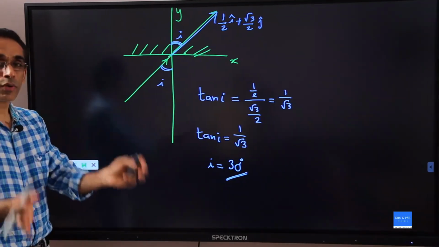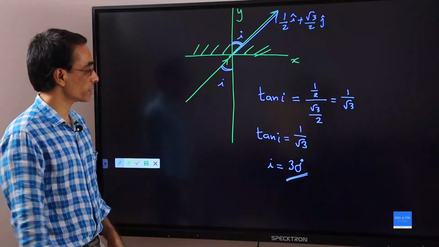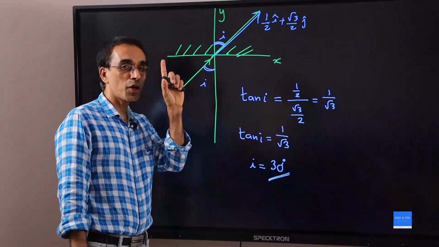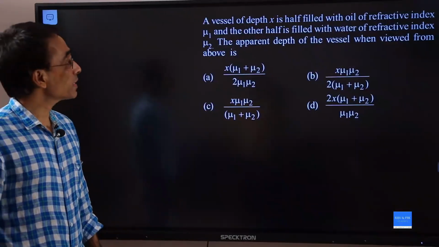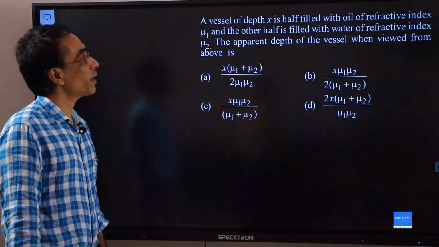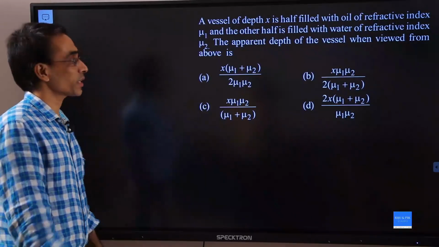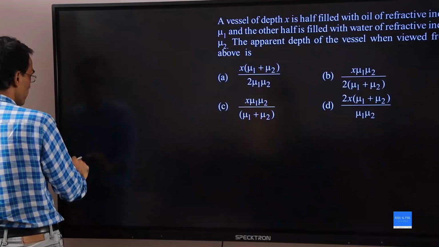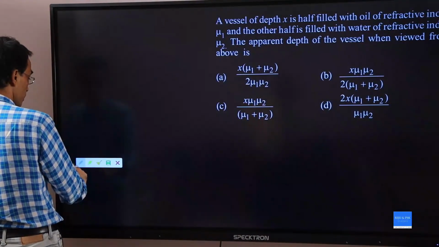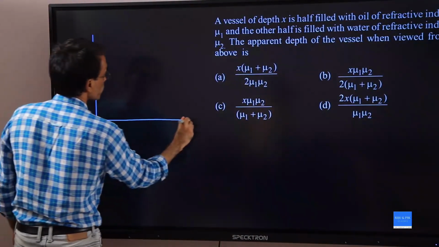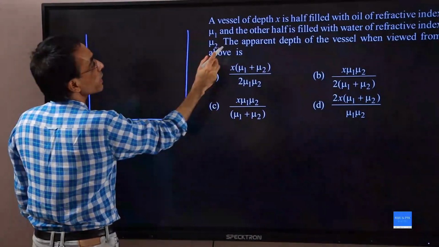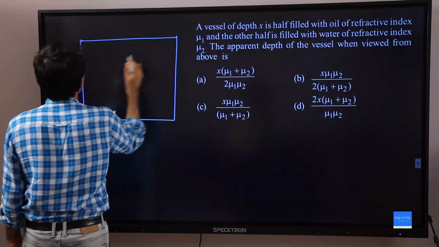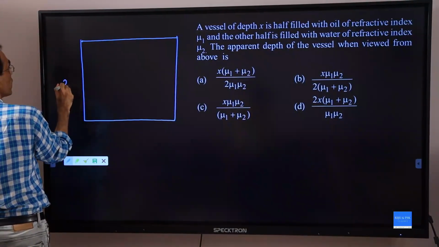So without going for the complicated vector multiplication, we can directly do this with a little common sense. This is again from apparent depth, but there are two liquids here. Please read. There is a vessel with water and oil, and the total depth of the vessel is x.